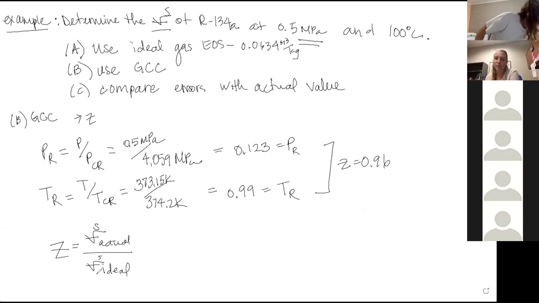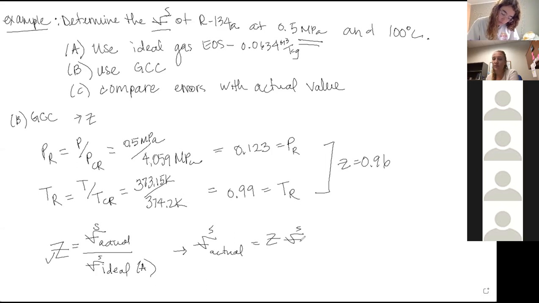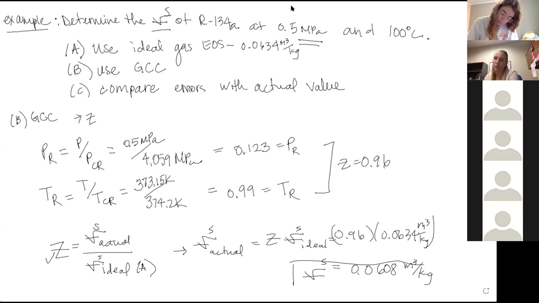We know our ideal specific volume from part A, and we know our Z value because we just found it. So we can rearrange this: the specific volume of our actual real gas R134A is the compressibility factor times the ideal specific volume, or 0.96 times 0.0634 cubic meter per kilogram, which gives us 0.0608 cubic meter per kilogram as our specific volume for part B.